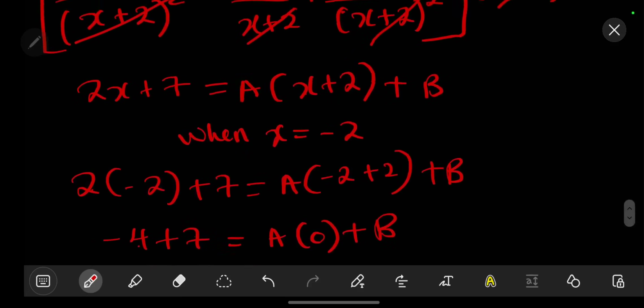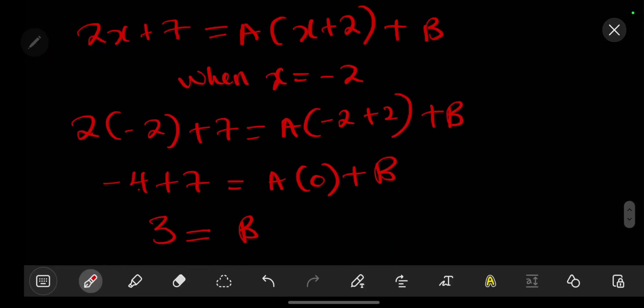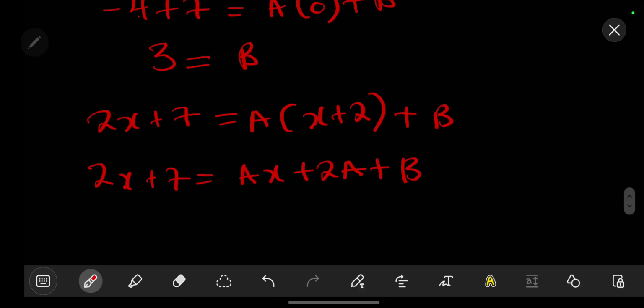Then for our a, let's get the equation. Already we have this equation and there's no way for us to eliminate b, so we are just going to expand. We have 2x plus 7 equal to ax plus 2 times a, it will be 2a, plus b.